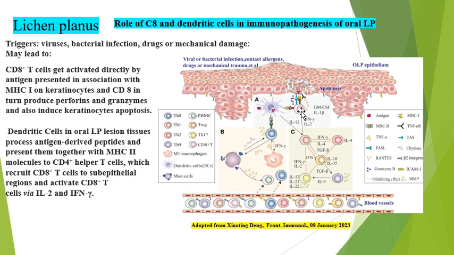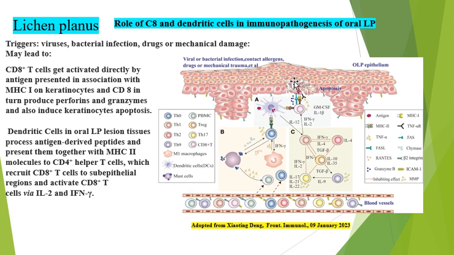Activated cytotoxic CD8 cells produce granzymes and perforins, and these lead to more destruction of the mucous membrane, as can be seen here in oral lichen planus.